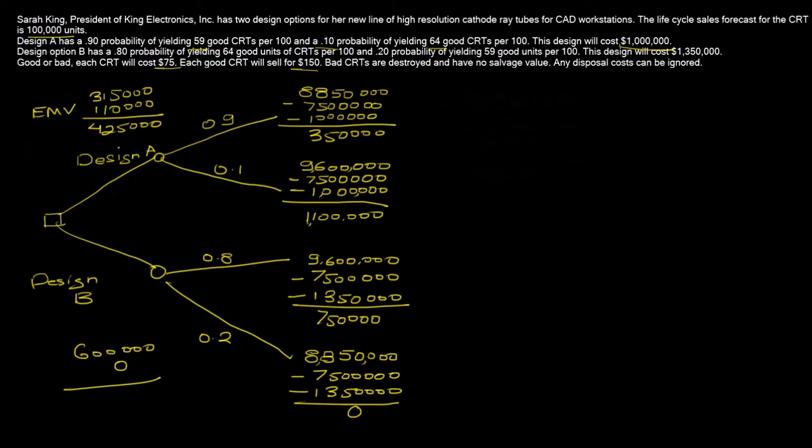So the EMV for design B is 600,000. Okay, so based on the decision tree, it would be wiser for Sarah King to opt for design B, since it yields a better expected monetary value.